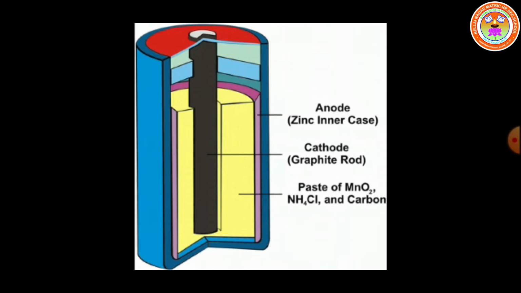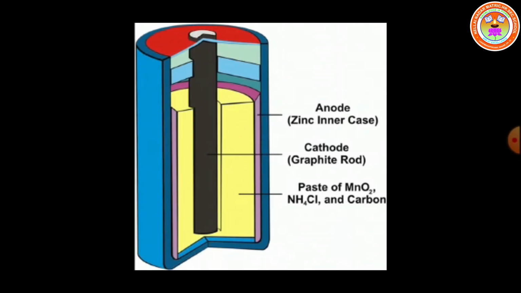A dry cell is a portable form of a Leclanche cell. It consists of a zinc vessel which acts as an electrode, that is, anode.